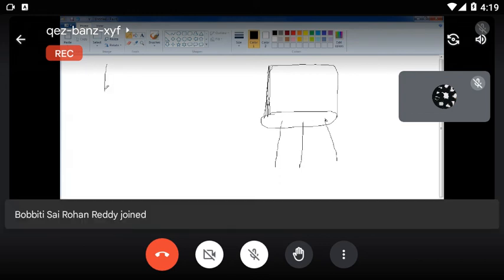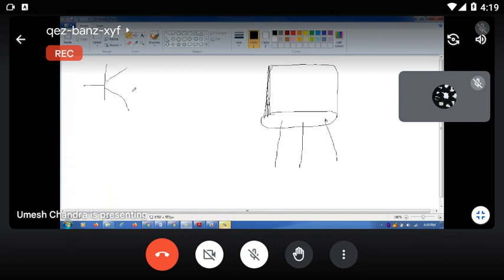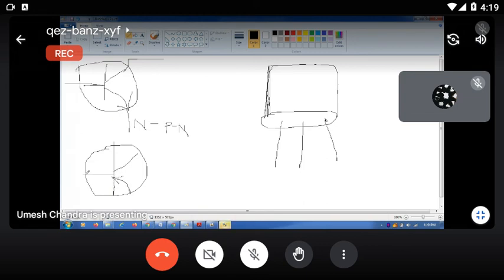And here is the transistor symbol. The arrow mark indicates the emitter of the transistor. This is the NPN transistor. And another is the PNP transistor. The arrow mark indicates the emitter, then the base, and the last one is the collector. In the NPN, this is collector, base, and emitter.